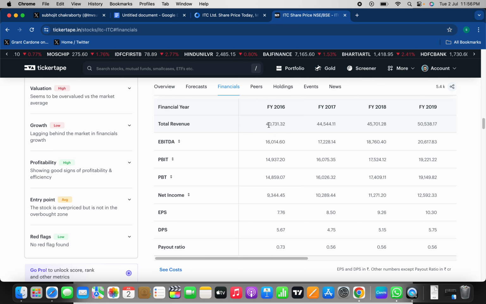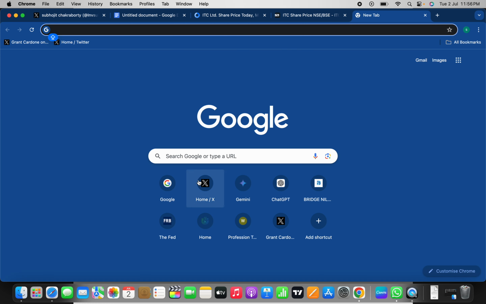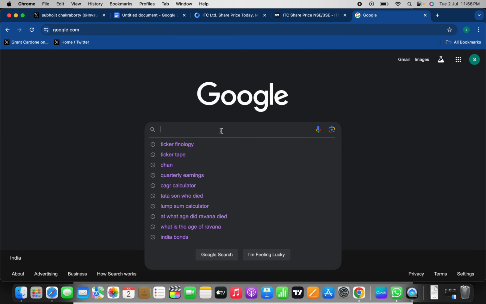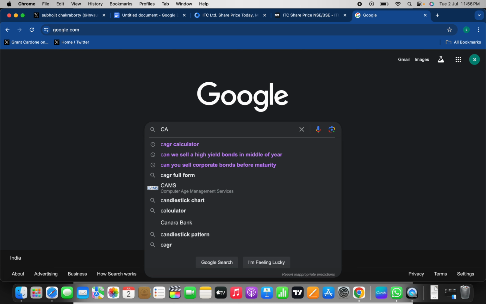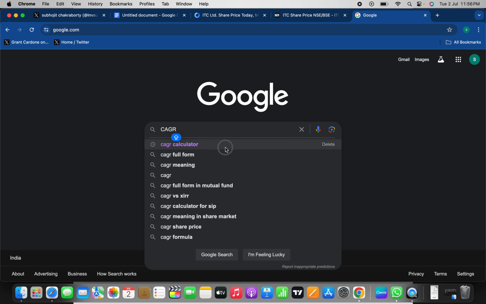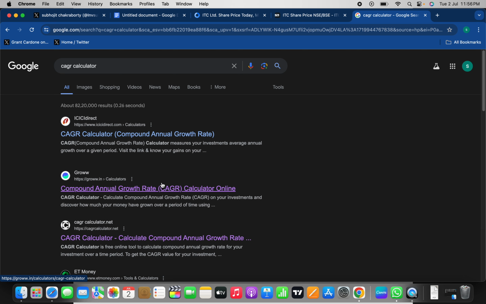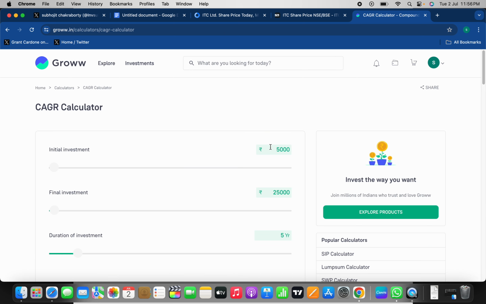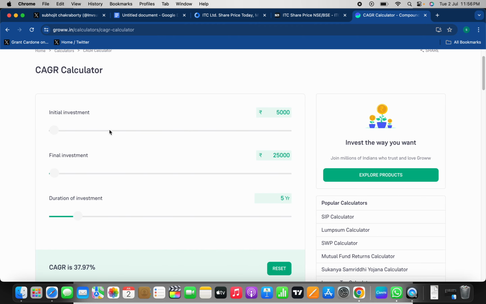Let's observe. For that we will be moving to a calculator called the CAGR calculator. CAGR means compound annual growth rate. Now let us move to that particular calculator. We have opened the calculator from the Groww app and Groww website.